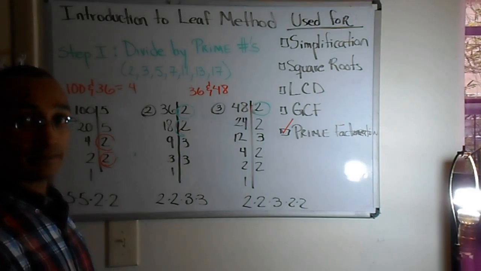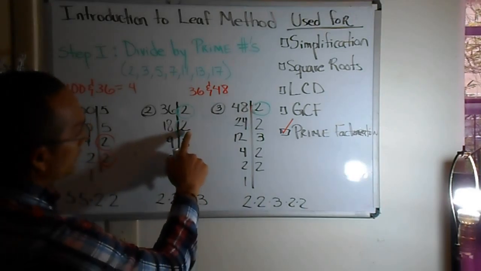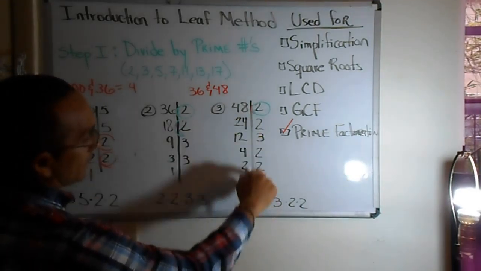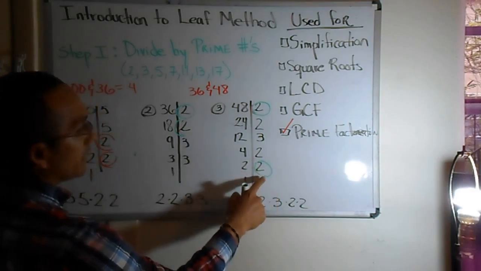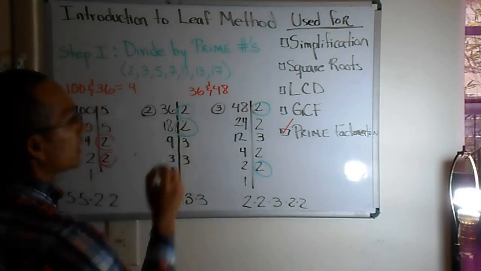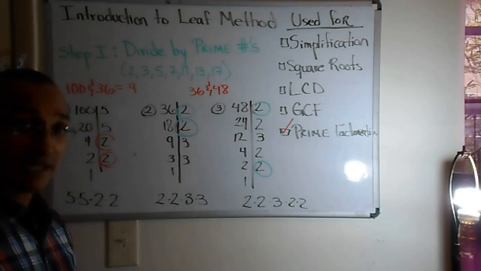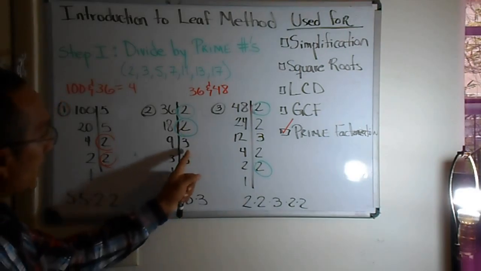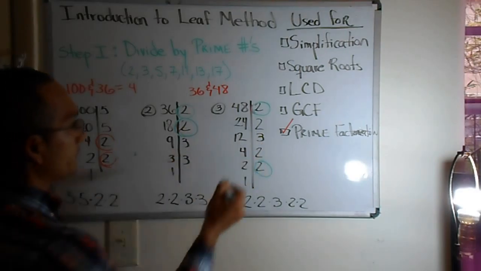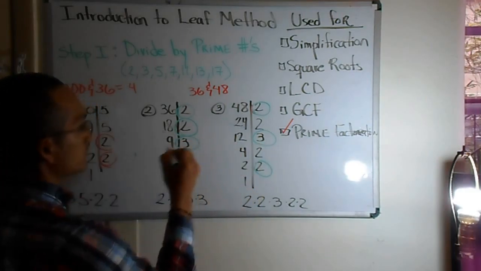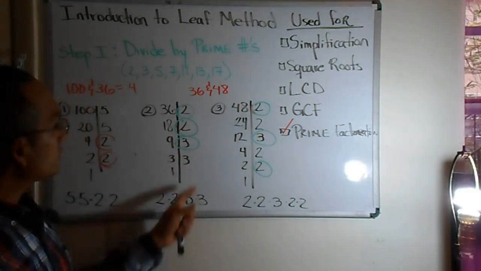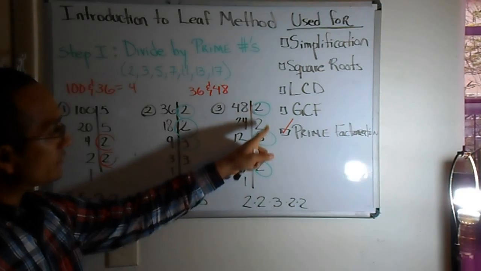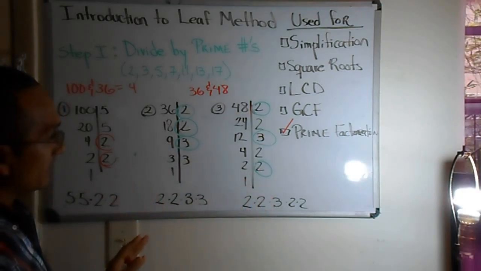What other numbers are the same? Well, this 2 could go with any of these, so I'm going to choose this one just to vary. 2 with that 2. Do you see any other numbers that are the same? Okay, we have 3 with that 3. Anything else? Well, that 3 doesn't have an additional 3, so it stays like this.